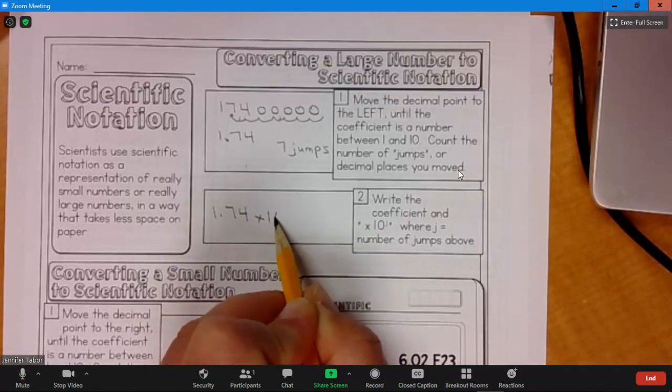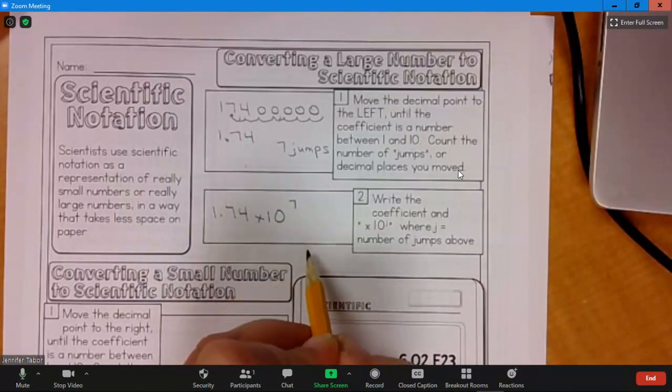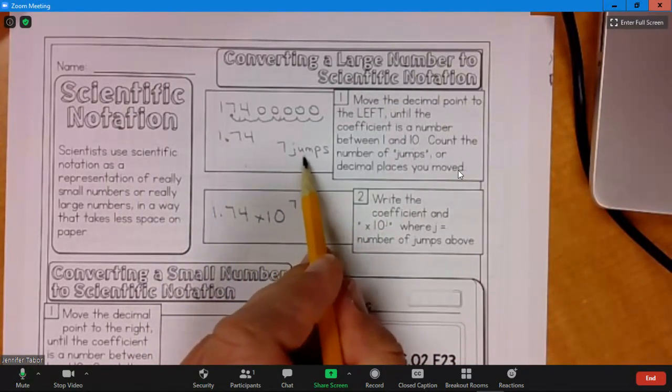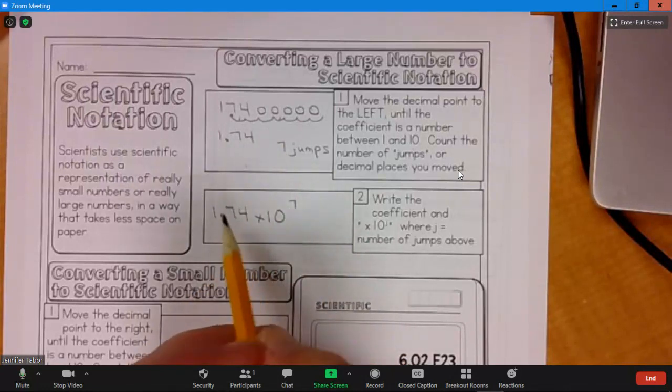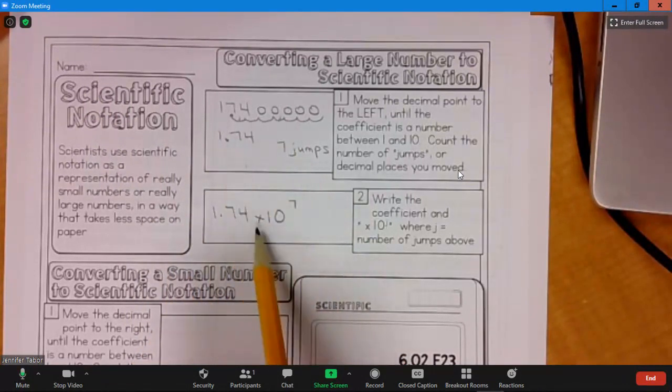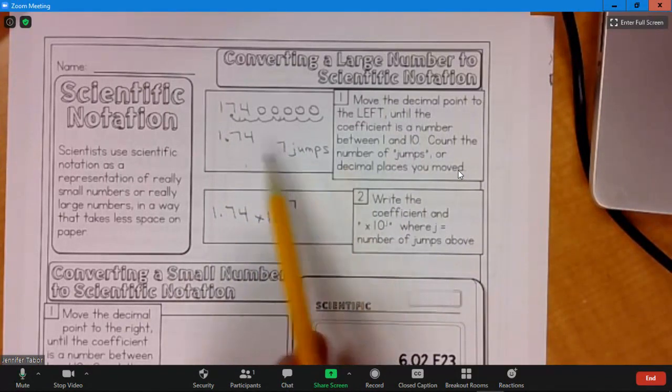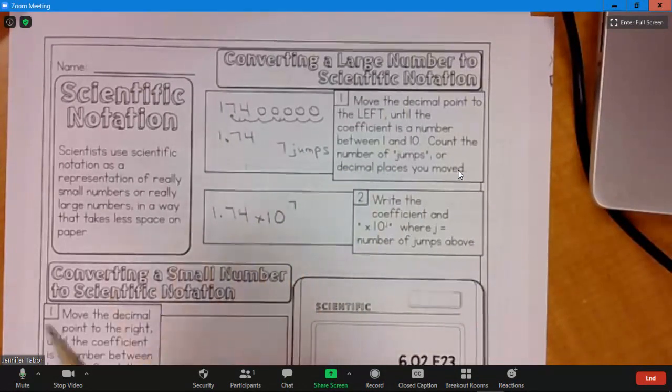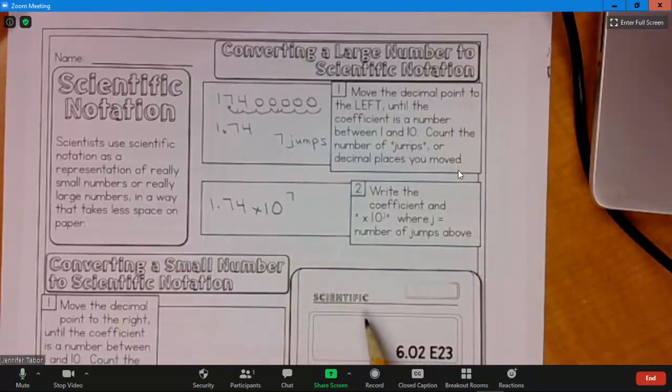So times 10 to the 7th power, because that's how many jumps we had to get this number. So here's this very large number written in scientific notation. Okay. So we move to the left, count the jumps, make that your exponent.